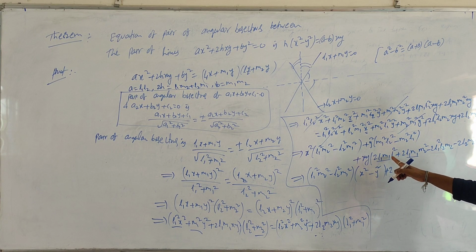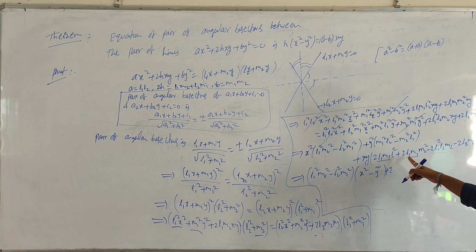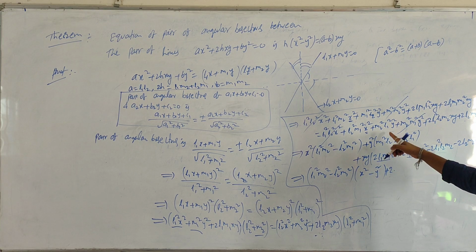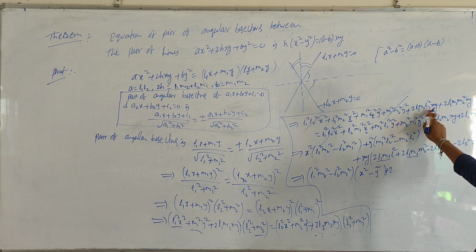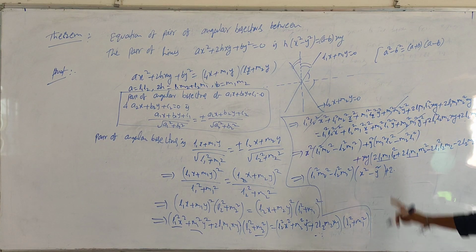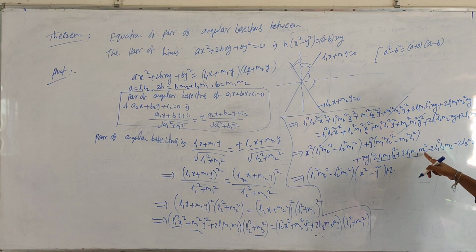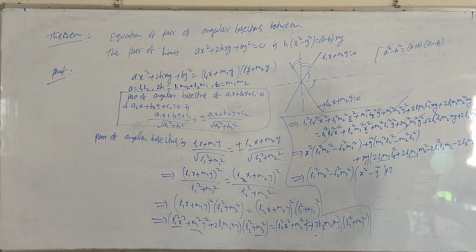Okay, so what is this term? This is L2 square. 2L1 M1 L2 square, 2L1 M1 M2 square, 2L1 square L2 M2, 2L2 M2 M1 square. What can you take common from these four terms? Is there any term common?